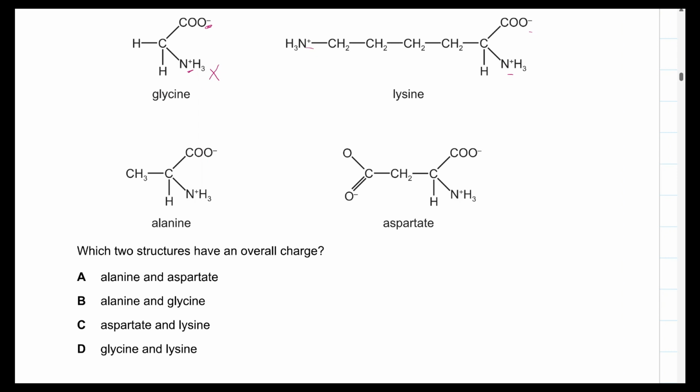Therefore, there is a net positive charge, therefore this is charged. In alanine, they cancel out, therefore this is not charged. And aspartate finally has a net negative charge, therefore this is charged, because as you can see here, 2 negatives and 1 positive. Therefore, lysine and aspartate are charged. Therefore, the answer is going to be C.